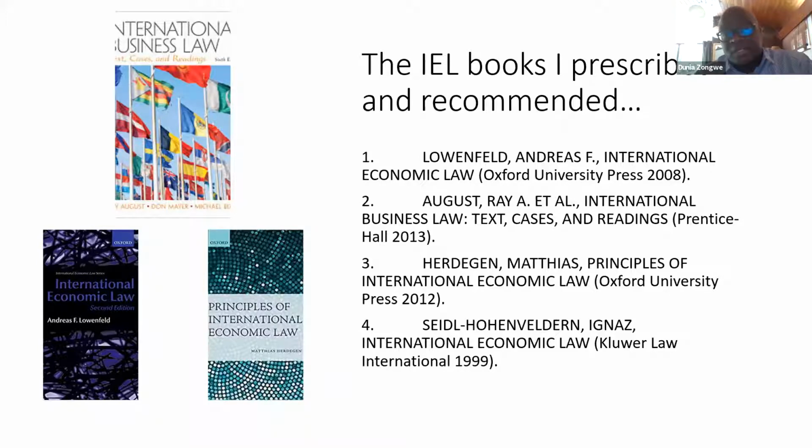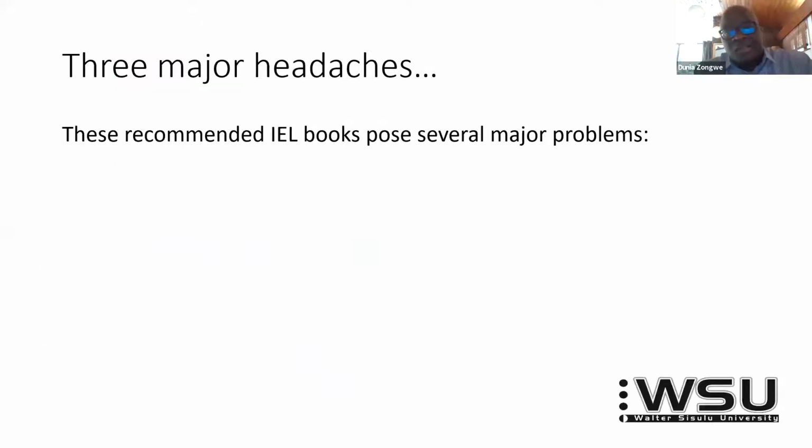I have to say that these 4 texts are of very high caliber, but I was nonetheless uncomfortable. I was uncomfortable because the books that I found in the library gave me some headaches.